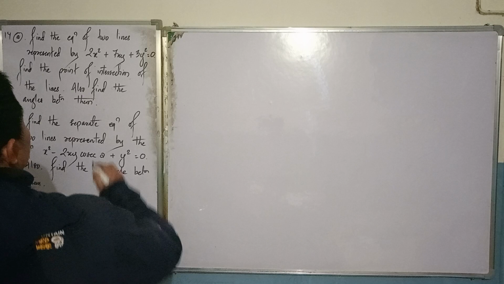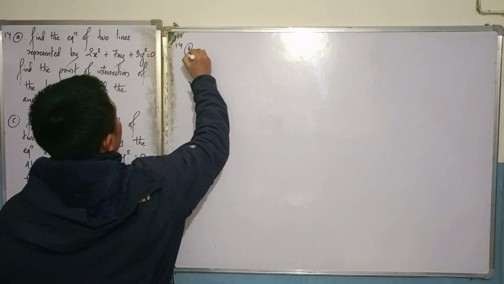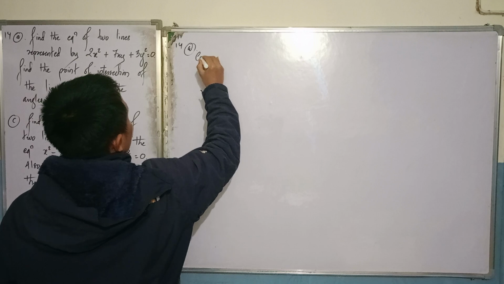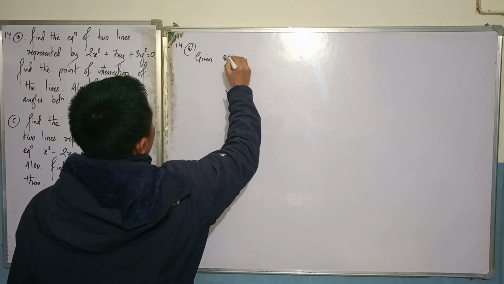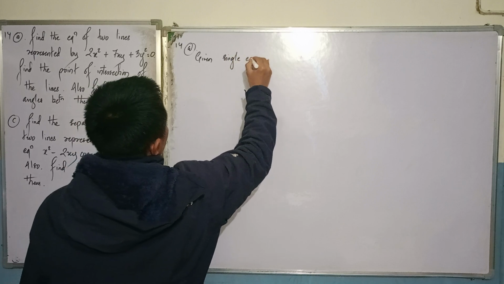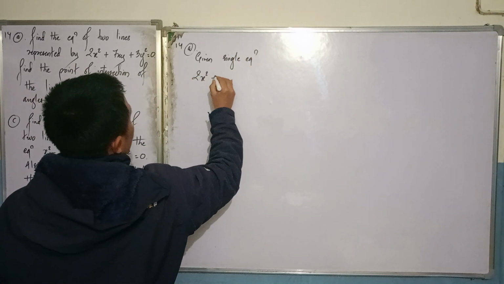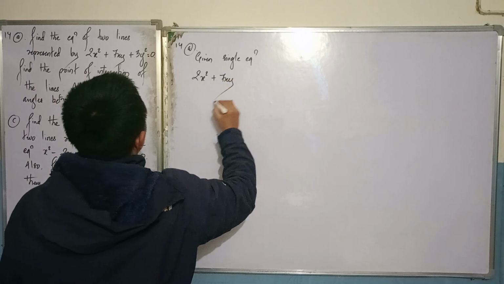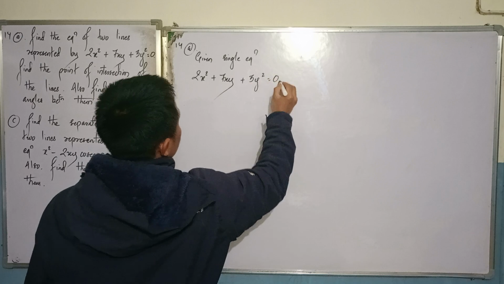So in this case, 14a, the given single equation, we have 2x squared plus 7xy plus 3y squared is equal to 0.